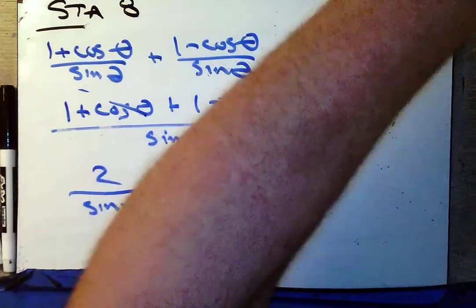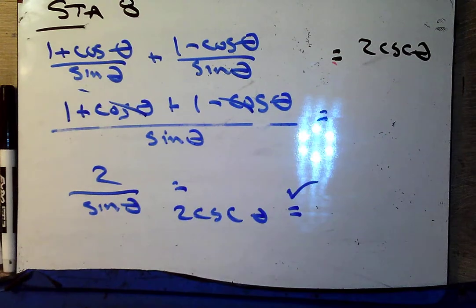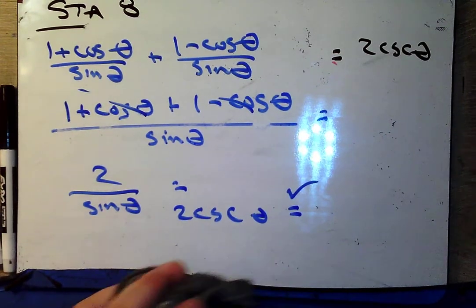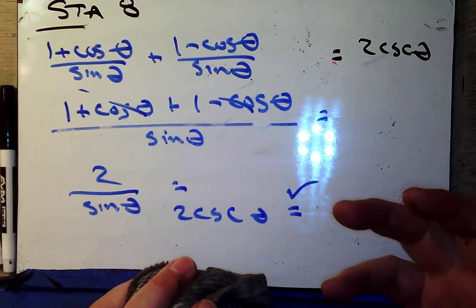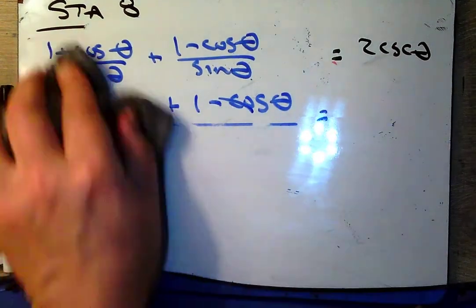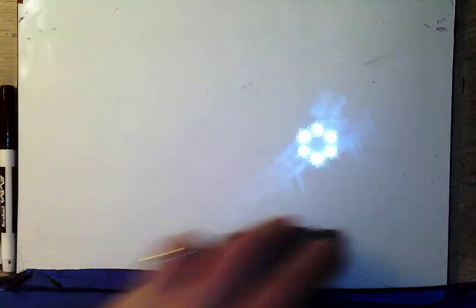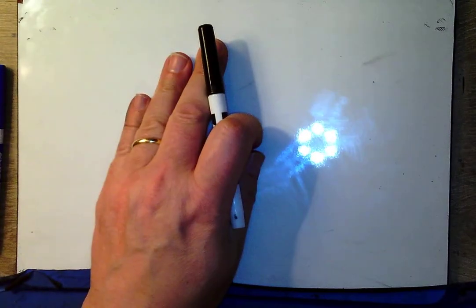So again, I don't care. I'm not sure Justin cares. We don't care about which method you use to verify this, as long as you're doing good math, as long as you're adhering to the rules of what you can and cannot do. Now, I will say, please don't be that person who starts off, gets stuck, and then looks at the answer and says, well, in order to get here, I need this step.